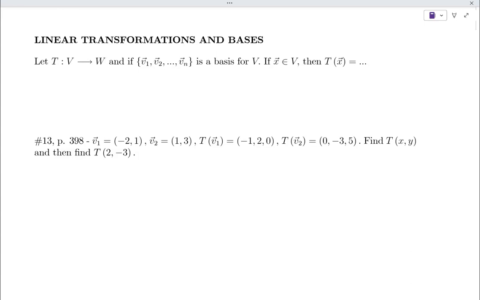So if I have a basis for v there, how can I write x for sure? If I know that the v sub i's form a basis, then how can I write x? Yeah, the linear combination of the basis vectors, right? Agree with that?